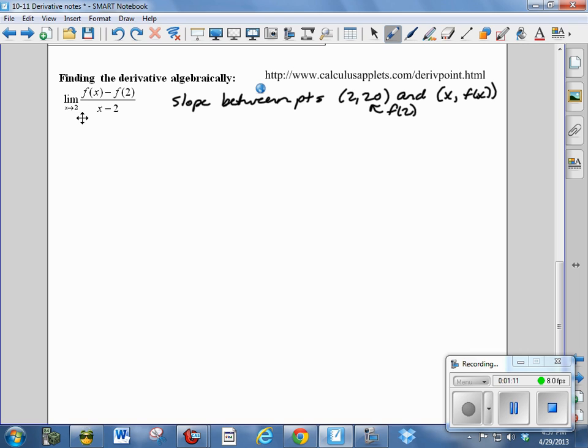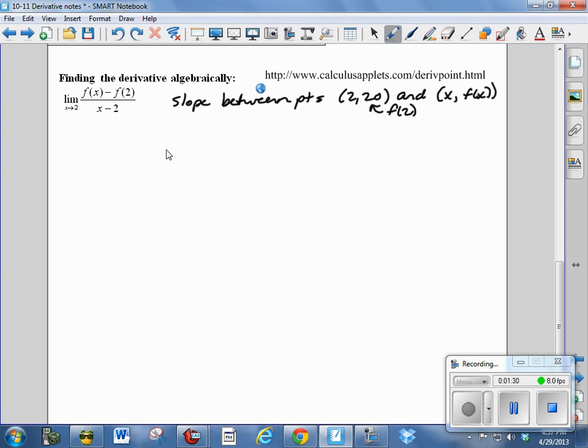Now, if we substitute the number 2 into this slope formula, we would have f of 2, or 20, minus f of 2, so 20 minus 20 over 2 minus 2, which would give us 0 over 0. So this is not defined.